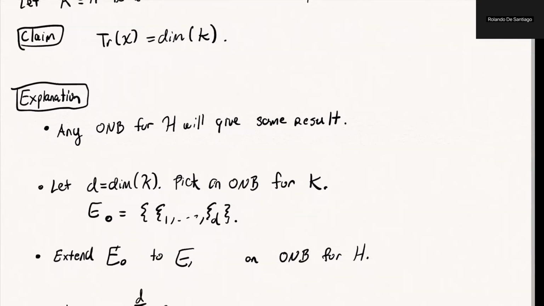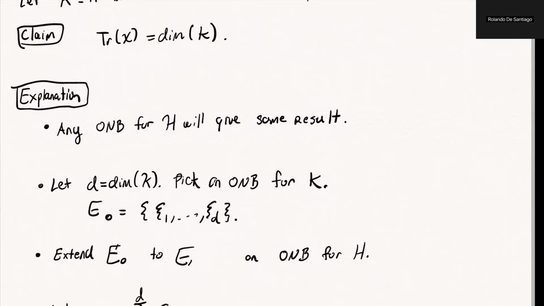Now what I'm going to do is extend E0 to something I'm going to call E. This is just going to be a completed orthonormal basis for H. So add more vectors until you have a basis for H.